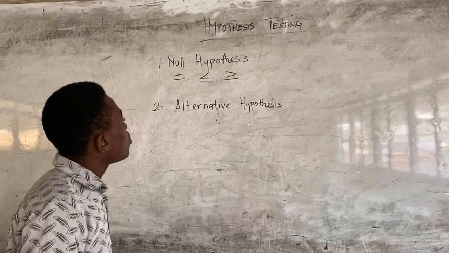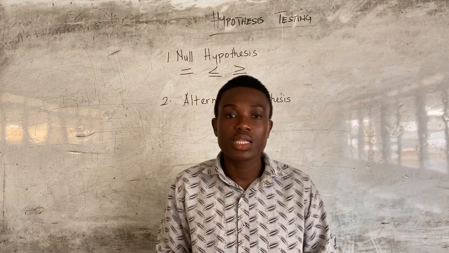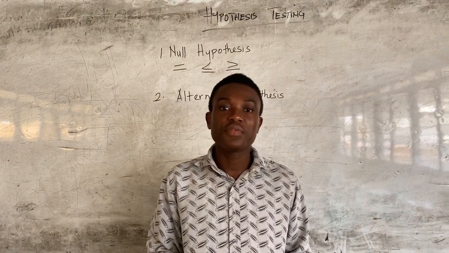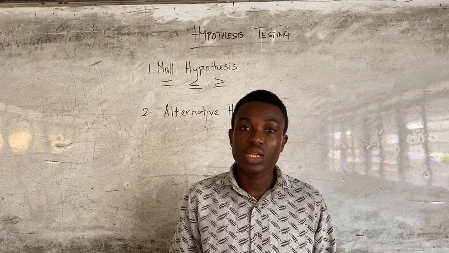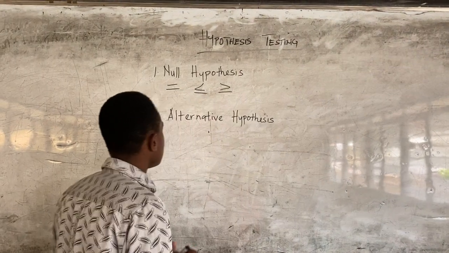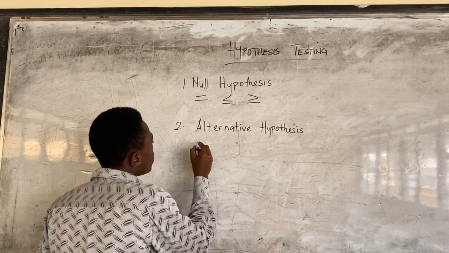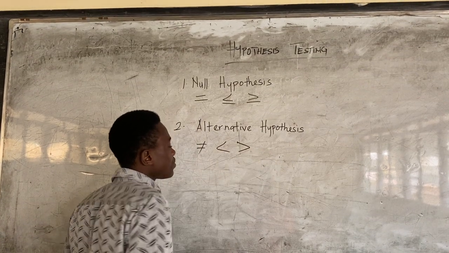The alternative hypothesis states that there is a difference between a parameter and a specific value, or there is a difference between two parameters. As such, the alternative hypothesis uses the inequality operational symbols. So we have the not equal to, the less than, and then the greater than.